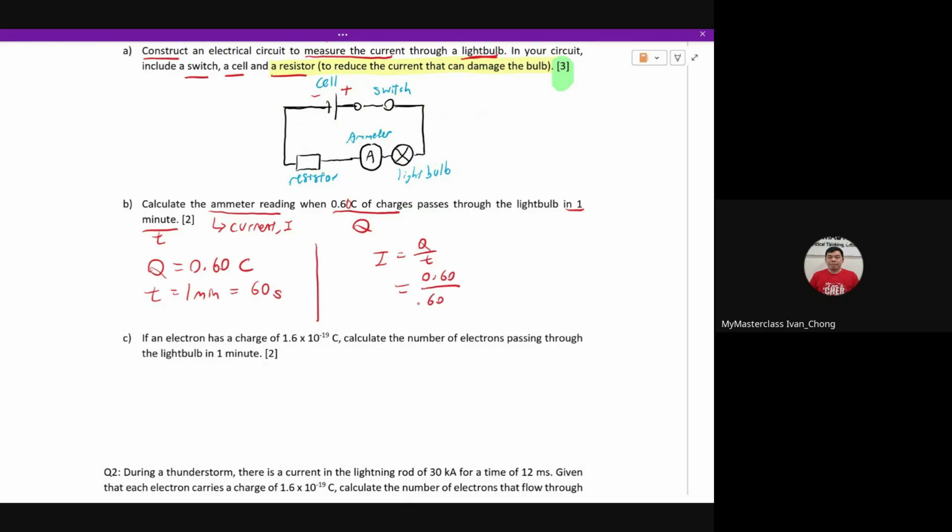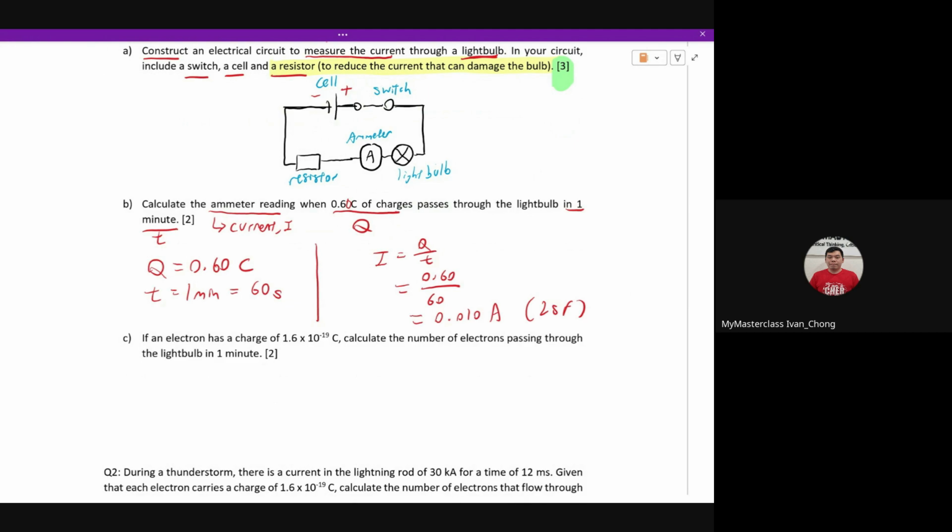So over here, you end up with 0.010 amperes. And if you notice, I put 10, because we try to always leave your answer in 2 or 3 SF. In this case, we don't actually need to show it, but if you need to, just write 2 SF. We don't leave our answers as a 1 SF value.